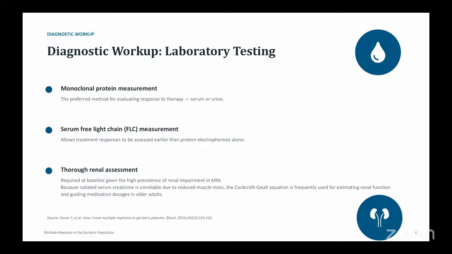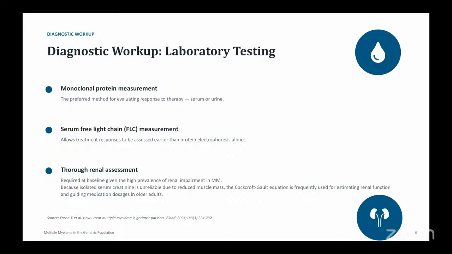However, most specifically for multiple myeloma, we should also do the monoclonal protein measurement, essentially done before to have a baseline and then after to evaluate response to therapy, and it could be done via serum or urine.